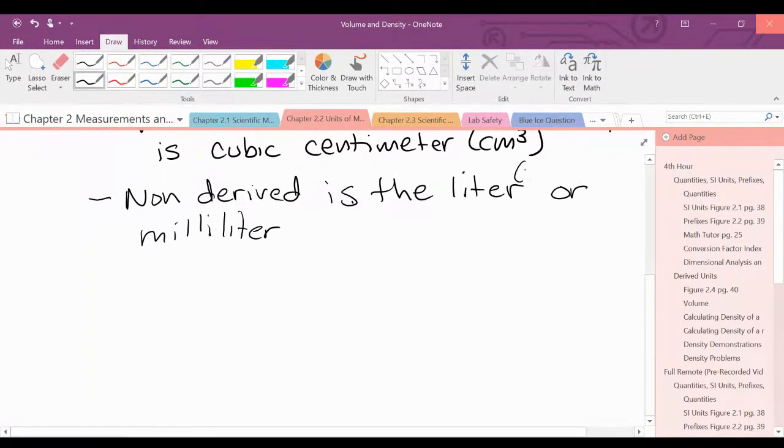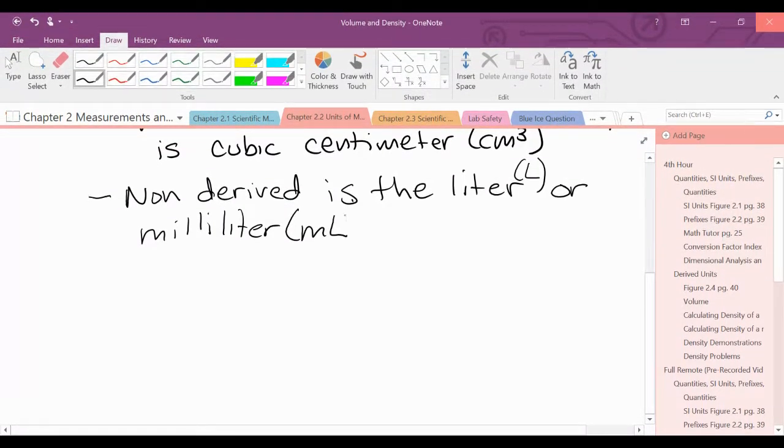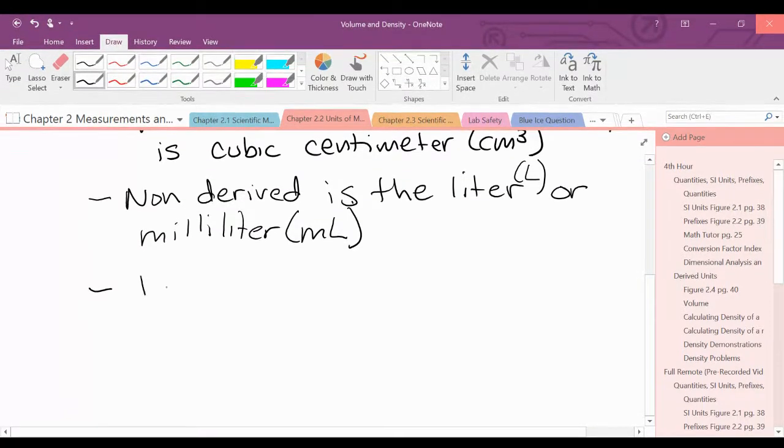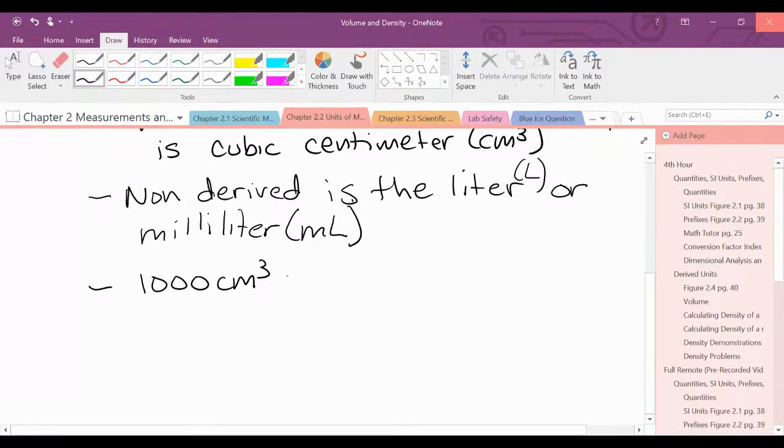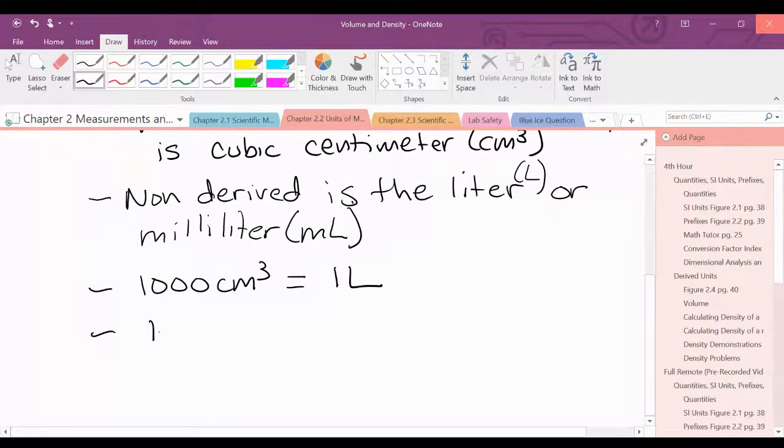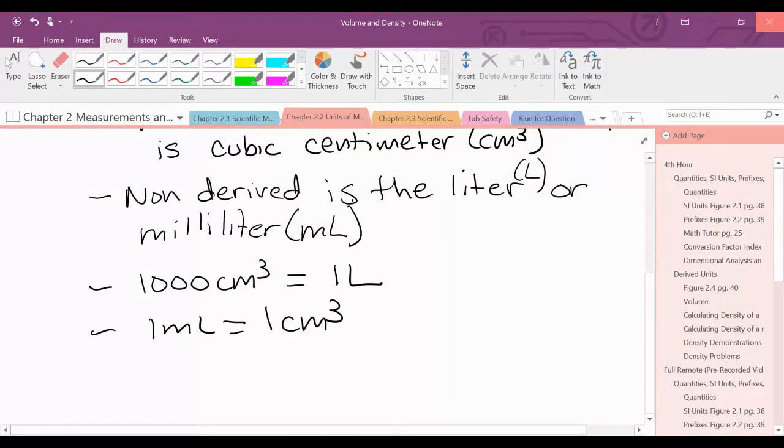Liter is an L, milliliters mL. 1,000 centimeters cubed equals 1 liter. 1 milliliter equals 1 cubic centimeter. And so in lab, if we're going to measure the volume of a liquid, we would use liters or milliliters. If you're measuring the volume of an object, say a box, you would find the length, width, and height and calculate the volume in centimeters cubed.